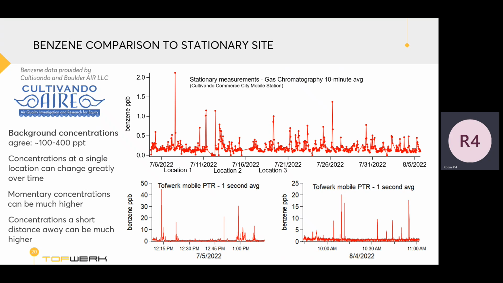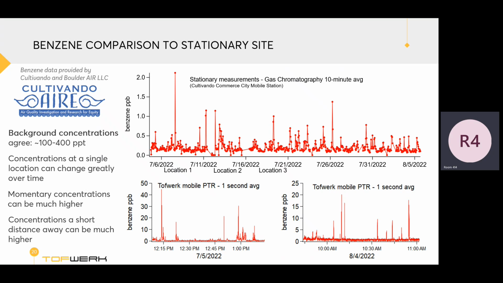We can see the ambient background concentrations. But what's really interesting is the behavior of spikes. So we see concentrations at a single spot over time. Concentrations can also change dramatically. But I really want to call attention to the y-axis of these graphs.